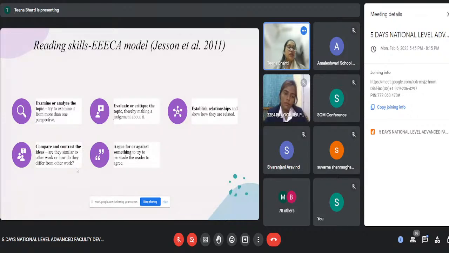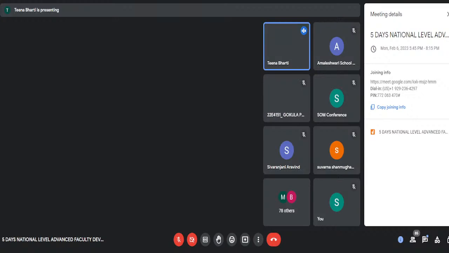Towards the end, you compare and contrast the ideas, and then argue for or against some of the thoughts you are not persuaded by, from the point of view of the researcher. So you have to argue for or against the particular concept you are trying to explore.